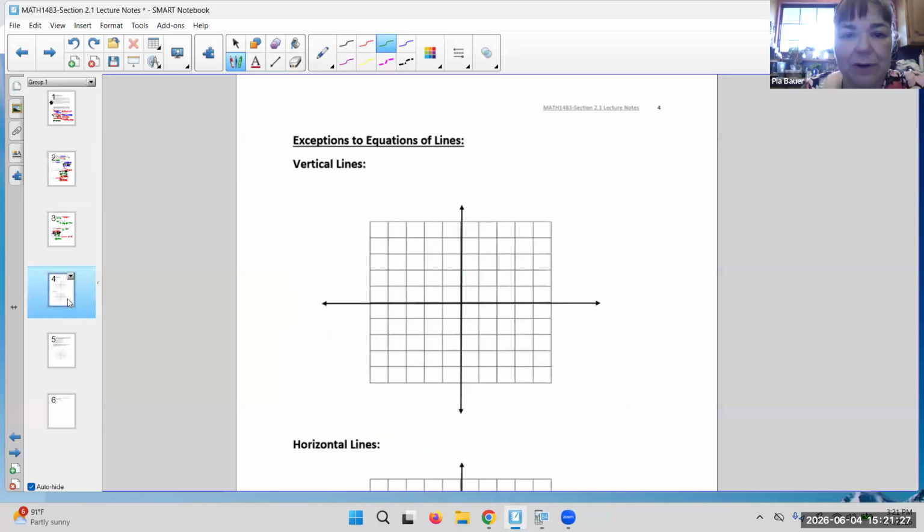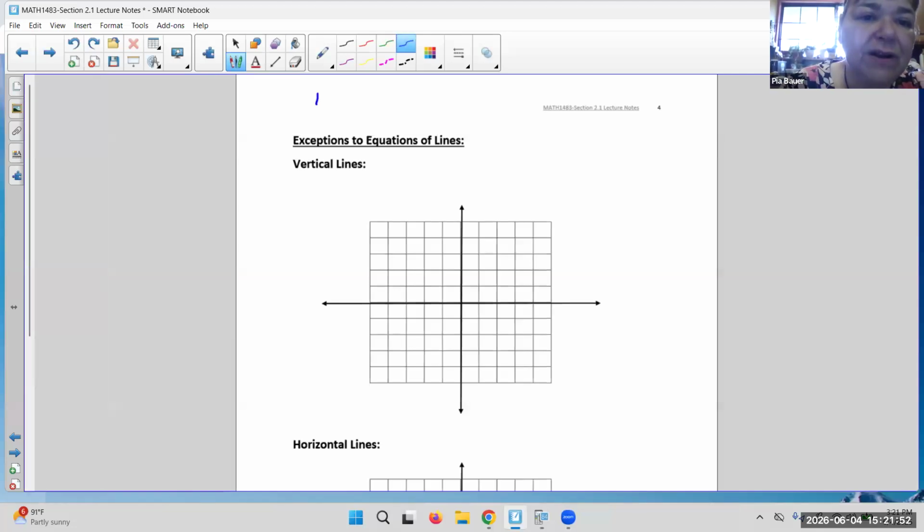Okay, so the next part, you're going to start seeing some graphical approaches, because in order to understand this idea of vertical and horizontal lines, it's easier to see it visually. Now, these are kind of the exceptions to the equations.